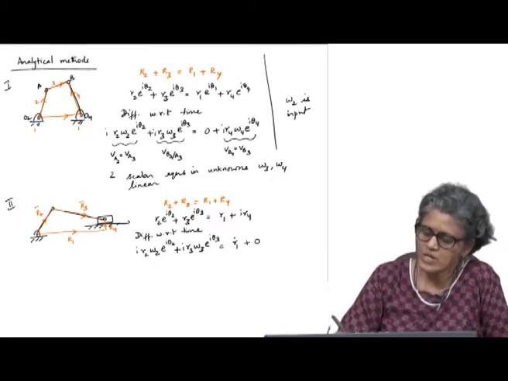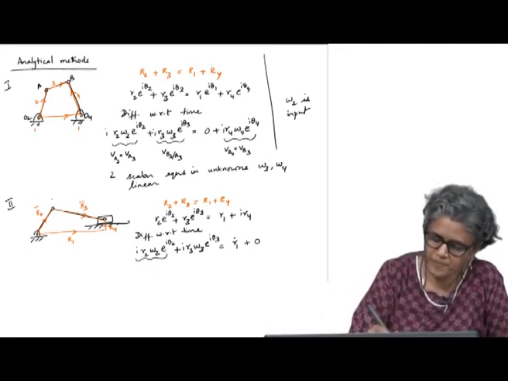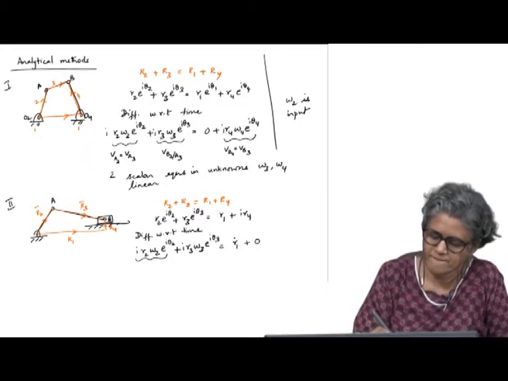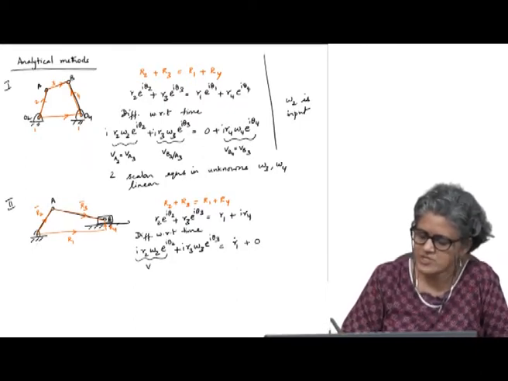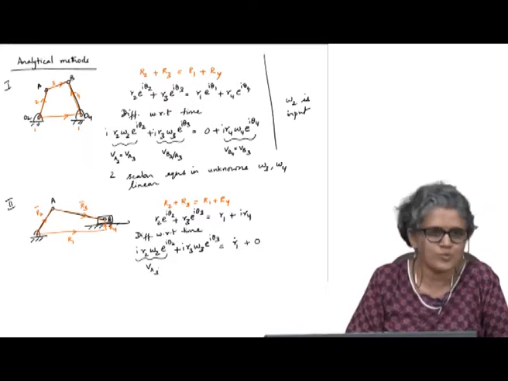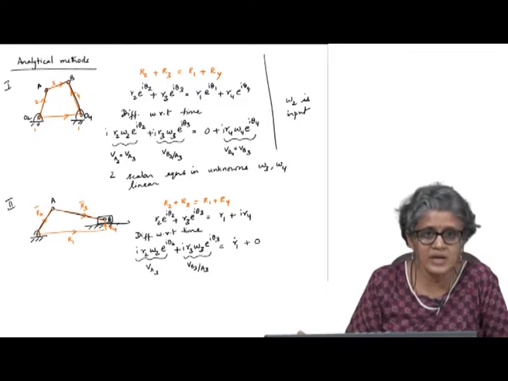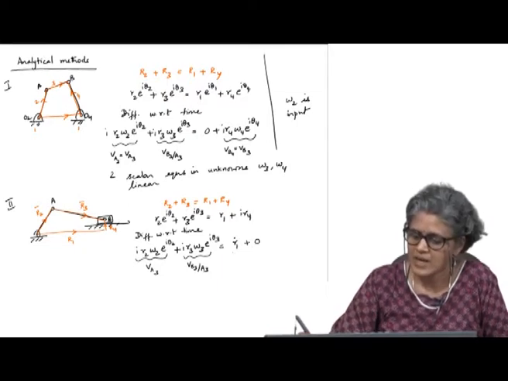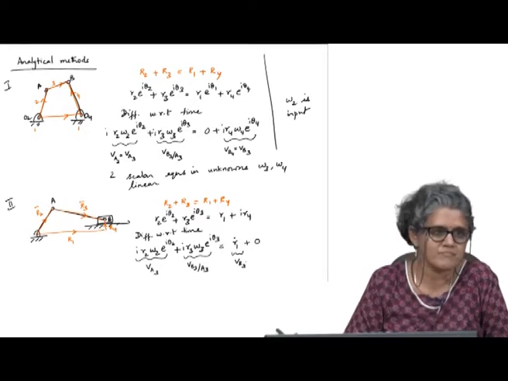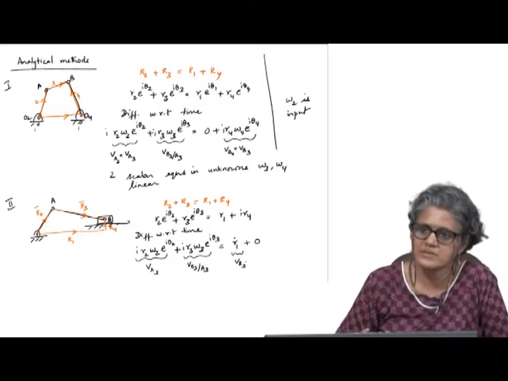Okay. So, now when you look at this, what is this, the velocity of A on body 3 or 2. This is the velocity of B on body 3 relative to A on body 3, and this is the absolute velocity of B on body 3, because it moves along the slider path.